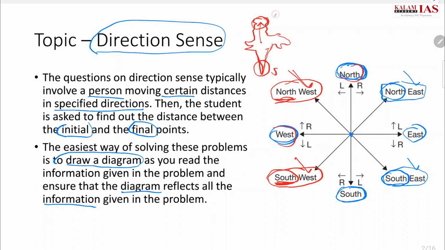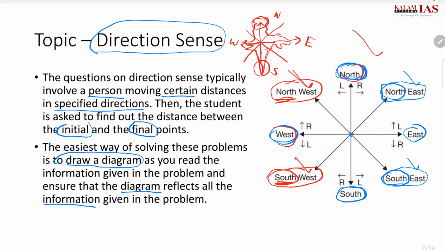West is Gujarat, Rajasthan region, and east is the northeastern part of India, Assam, Nagaland, Mizoram, etc. And the directions between these are: this is southeast, this is northeast, this is northwest, and this is southwest. This is also a simple way to visualize things.